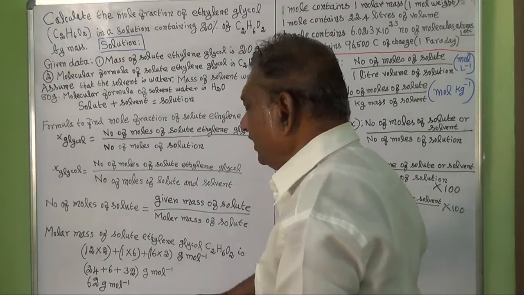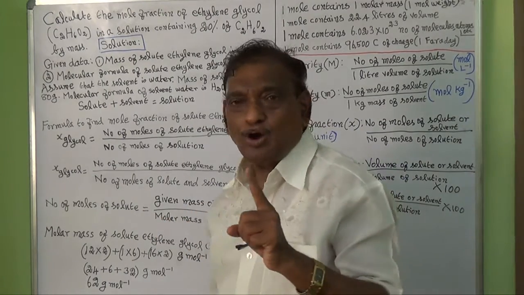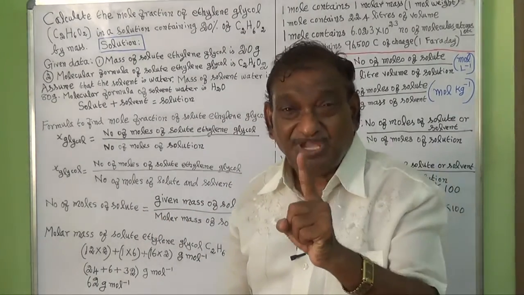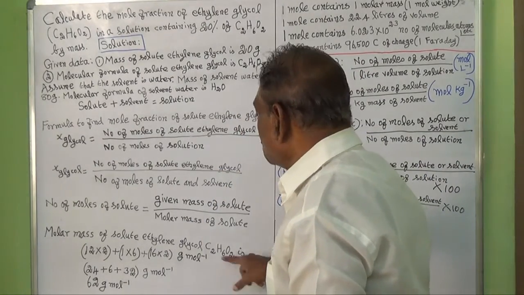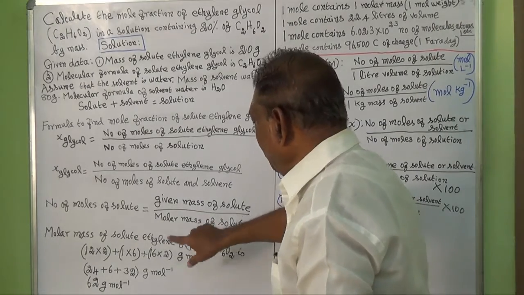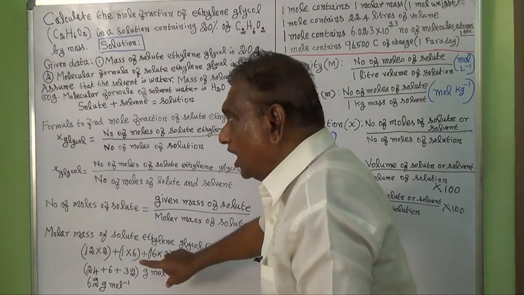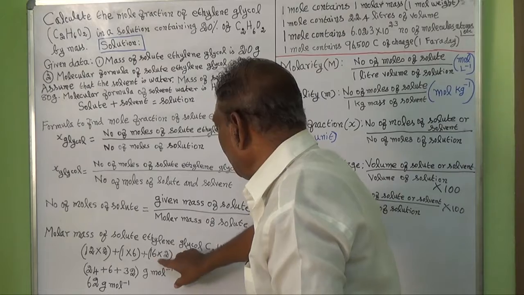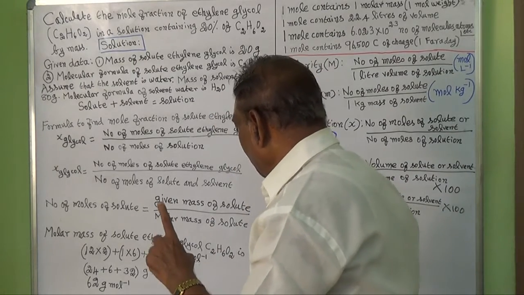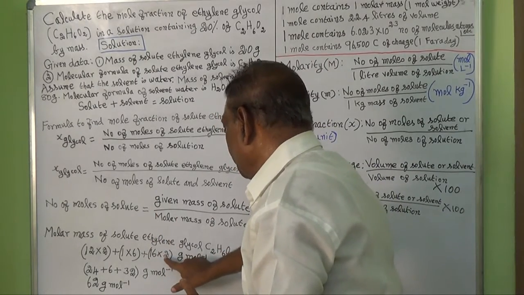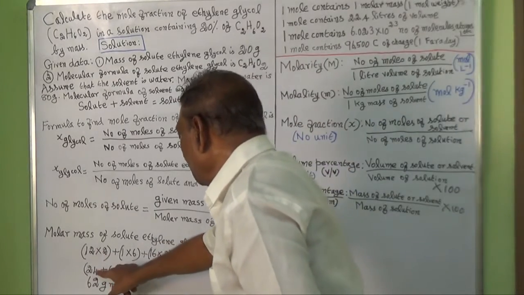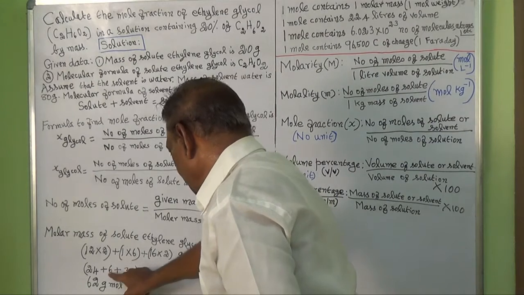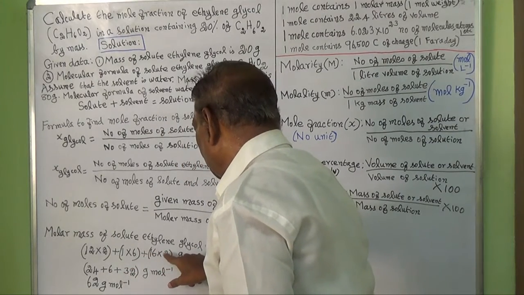We know that the atomic mass of one oxygen atom is 16. Here there are two oxygen atoms, so we are multiplying the atomic mass of oxygen by 2, thereby getting 16 into 2. Then 12 into 2 gives 24. 1 into 6 is 6, plus 16 into 2, 32.